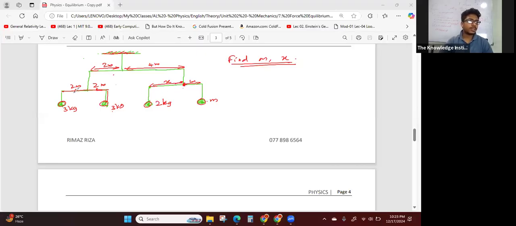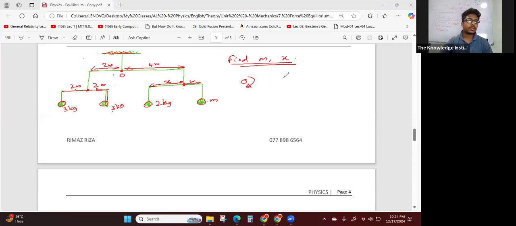So here it's correct, 2 into 3. Now from this moment, this is in equilibrium. 2 into 3, and here also 2 into 3, so it's in equilibrium. So the first thing we have to do is take the moment from this point. I take the moment from point O in clockwise direction.